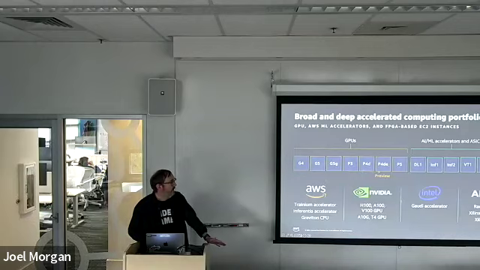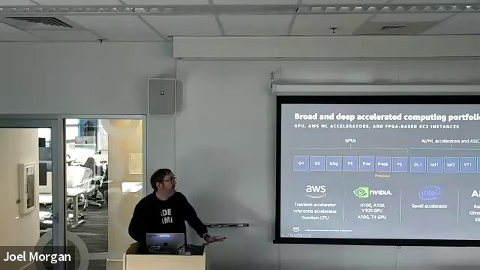The P4, I don't know why this says preview, I should have edited that. Those are in production, you can use them, have A100s. The G series also have NVIDIA GPUs. These are typically more for actual graphics processing, while the P series are for computation by the GPU. So think AI, machine learning, things like that.